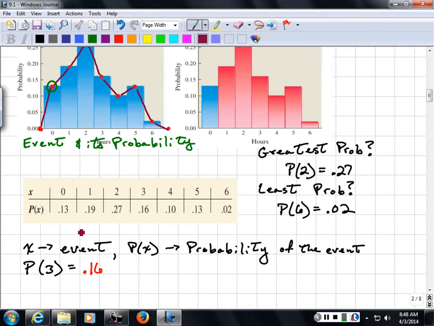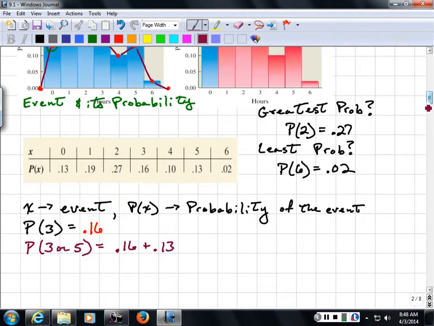What is the probability of 3 or 5? Then you would add them together. For this one, that's going to be 0.16 plus 0.13, which is equal to 0.29.